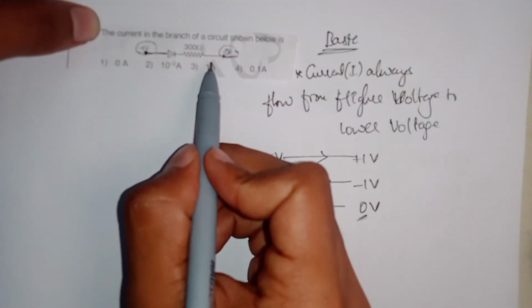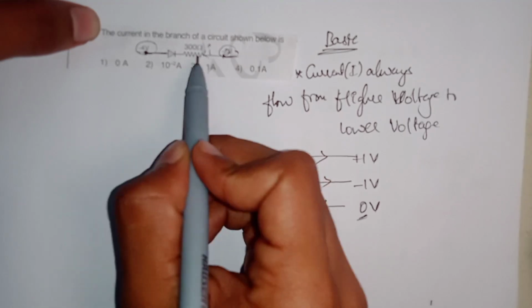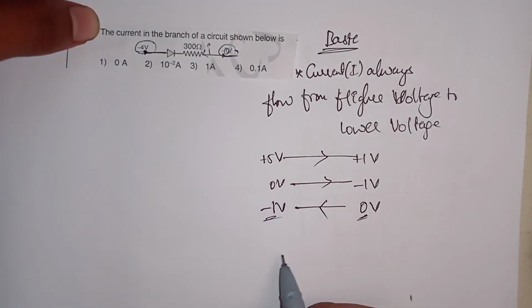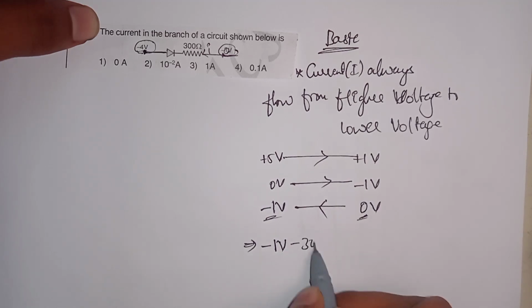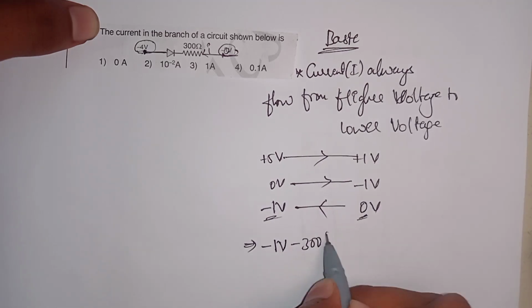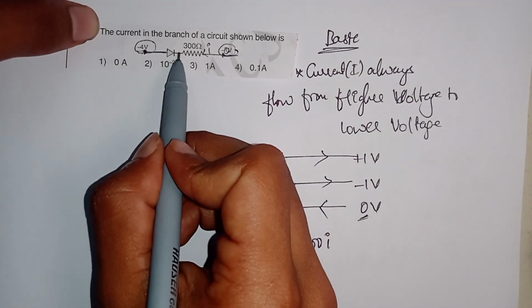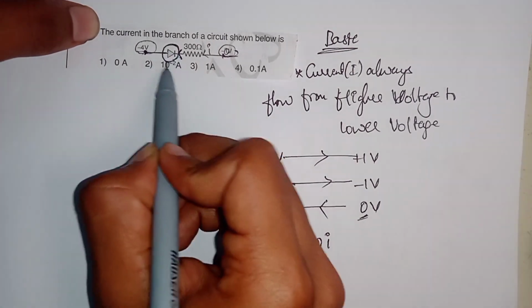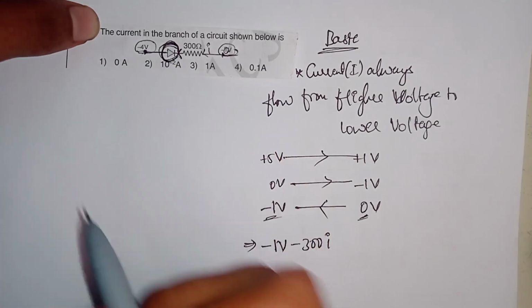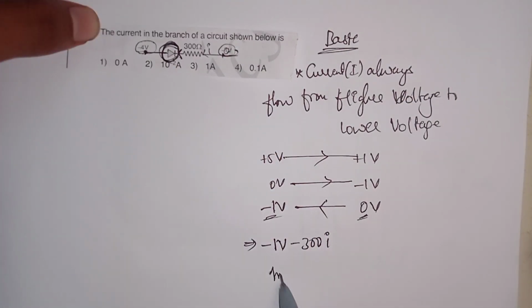If we consider that current will be going here, with the expression I will be giving: minus 1 volt, then 300 I. See, when we are going like this, we are facing a reverse bias here. What does reverse bias mean? Reverse bias means it will have infinite resistance.